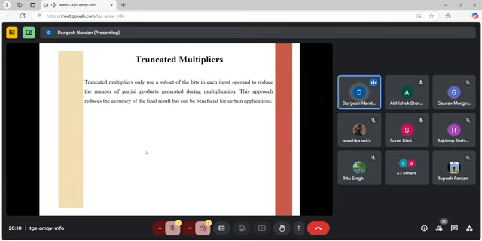Truncation is a very simple thing. Truncation means that you can cut down the unnecessary parts, as we do in calculations. Suppose we want to represent the number 29 in hardware; then for 29 we need a 5-bit multiplier.